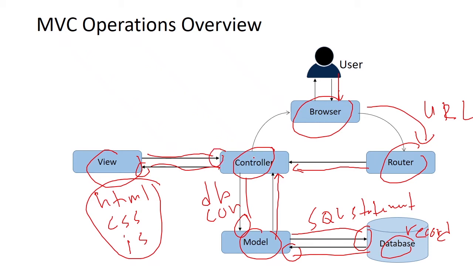The controller will collect the record and arrange the type of display using the view elements, and all of this will be sent to the browser again. Inside the browser, all those records that have been requested by the user will be displayed back to the user.